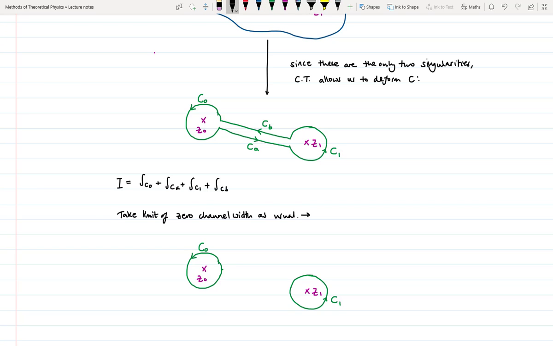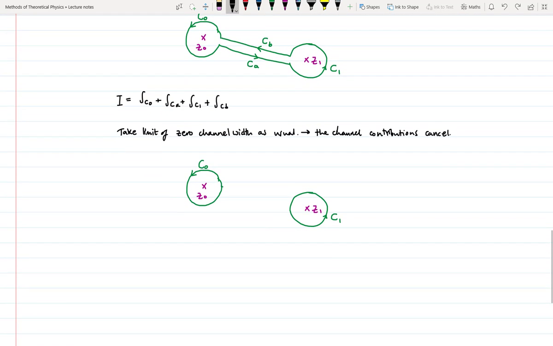I'll make a note here that the channel contributions cancel. We're left with these closed circular contours C0 and C1, and this is exactly the situation we had earlier when we showed that these integrals can be performed using the method of residues.